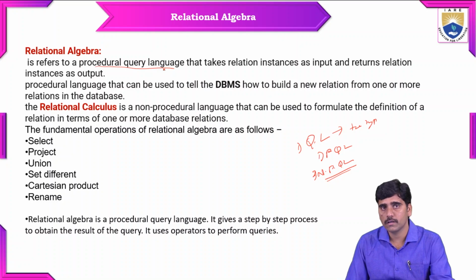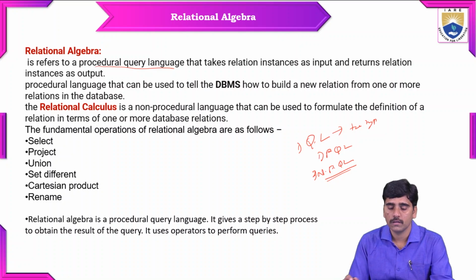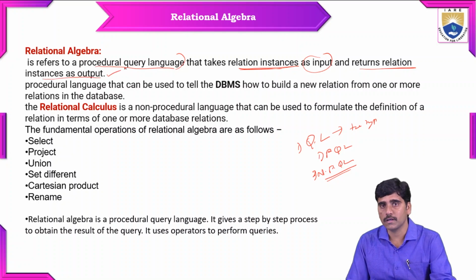Relational algebra is referred to as a procedural query language that takes relation instances as an input and returns relation instances as an output. It takes a relational instance as input as well as produces a relational instance as output.